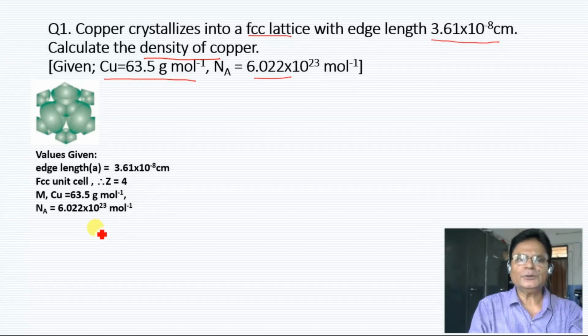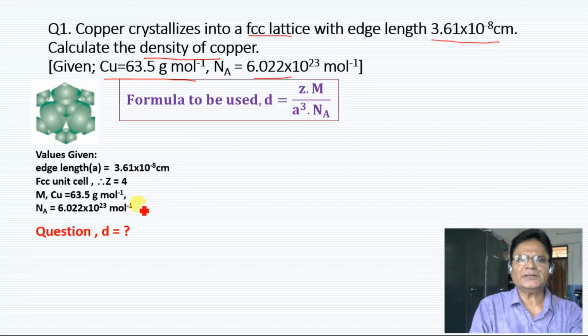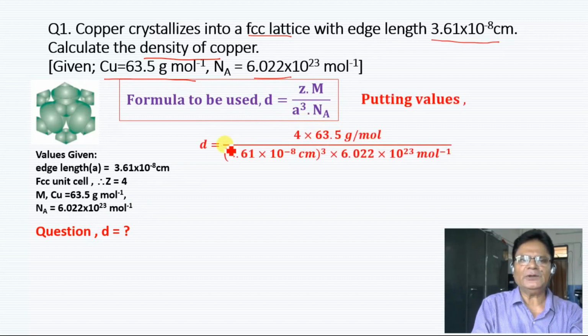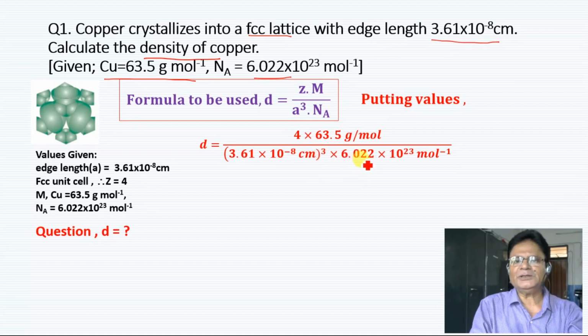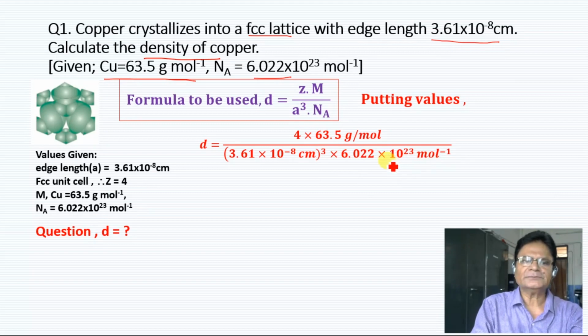And what do we want to calculate? Density. So let us put these values in the equation. Density d is equal to ZM by a cube Na. Everything is known. Putting this value, we get d is equal to 4 into 63.5 gram per mole, divided by 3.61 into 10 power minus 8 centimeter, this is the edge length, raised to the power of 3, cube, into 6.022 into 10 power 23 per mole, Avogadro's number.